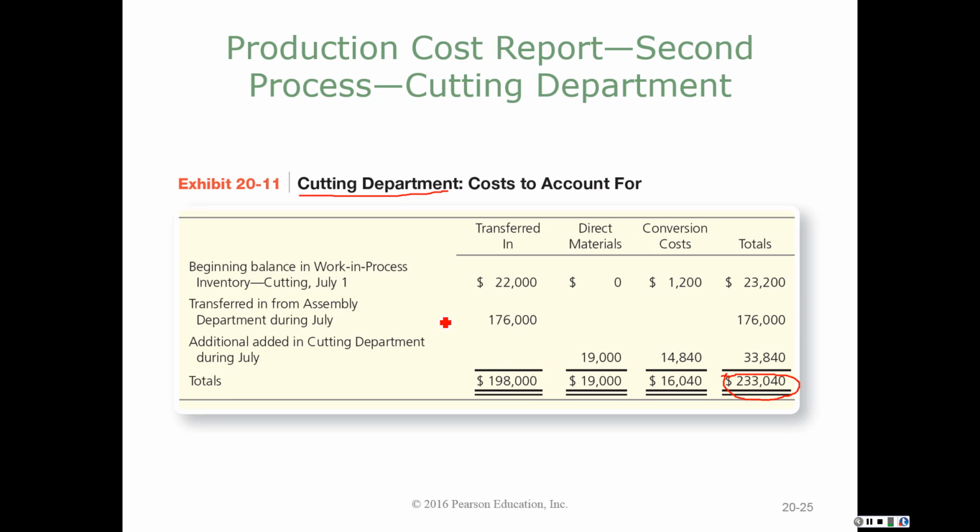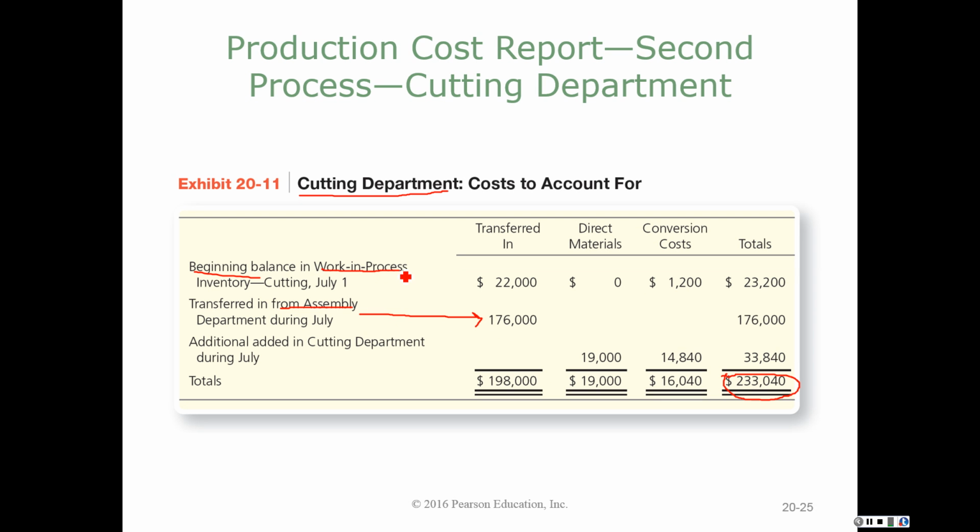Remember, this came from the assembly department. We moved 176,000 over from the assembly department this period, and we had 22,000 tied up in beginning work in process. So puzzles that were in the cutting process already, but hadn't been completed.